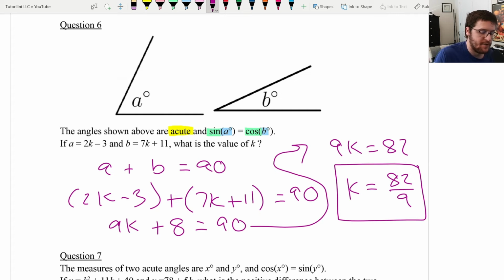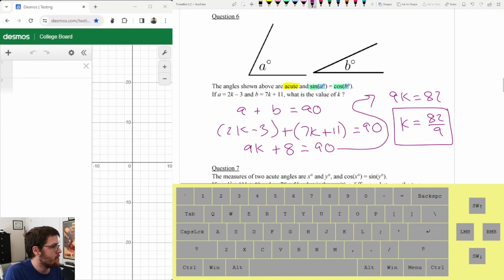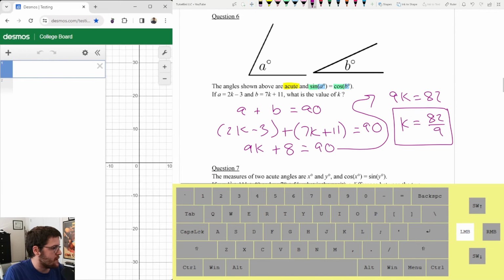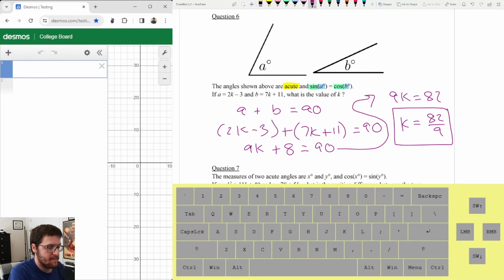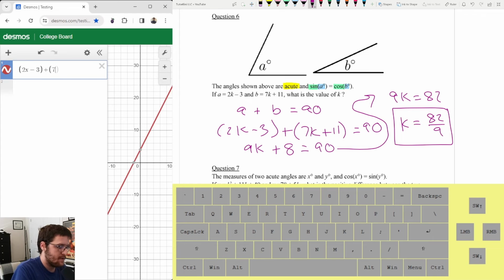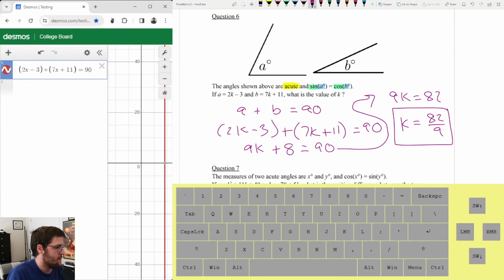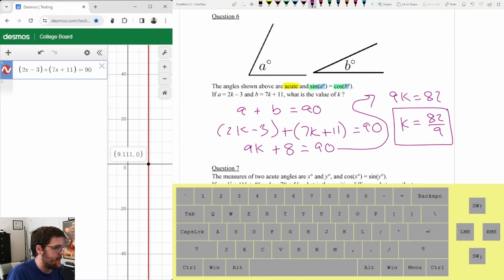Why don't we go over how to do this one on Desmos, because that probably would have been faster. So I will type in here, and I'm going to swap out the k's with x's so that Desmos can plot it. 2x minus 3 plus 7x plus 11 equals 90. And I come over here and I get 9.111.